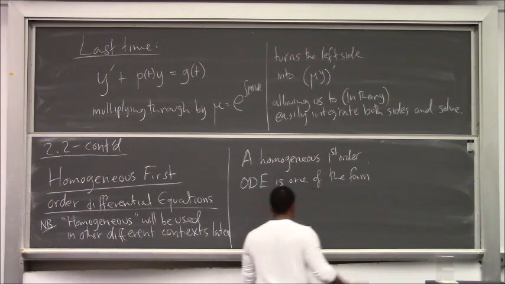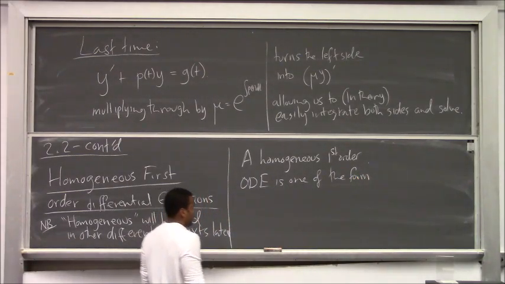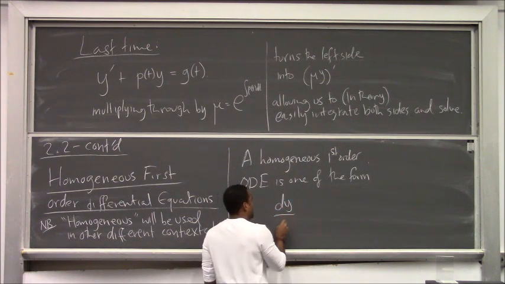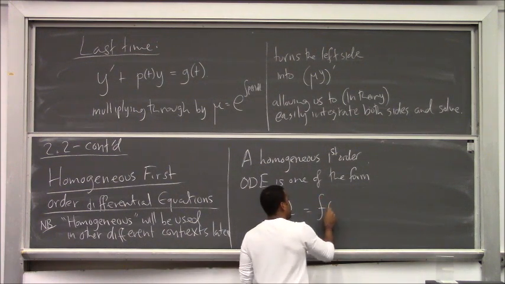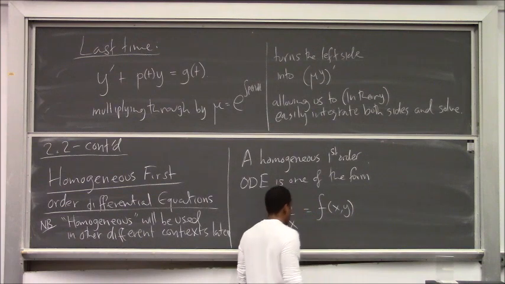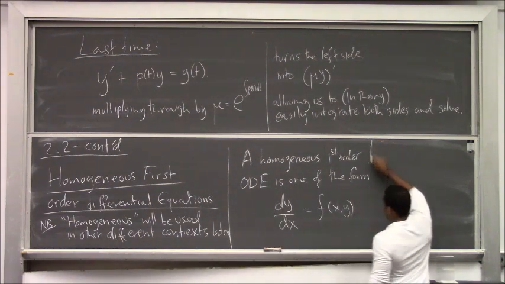So here's the form, and at first it's not going to look very specific. dy/dx equals f of x, y.